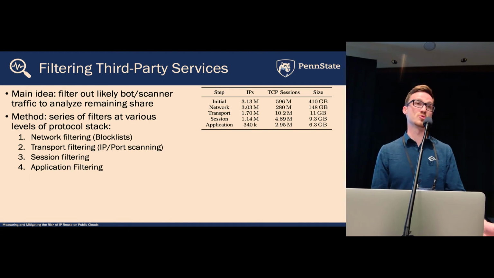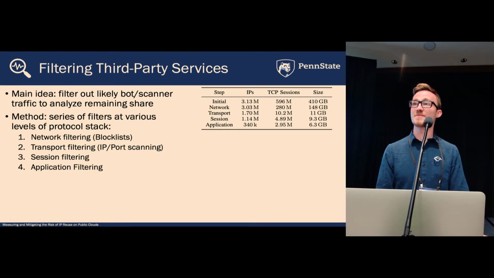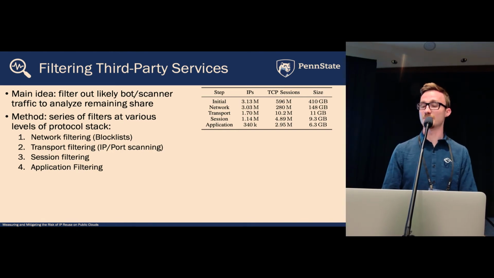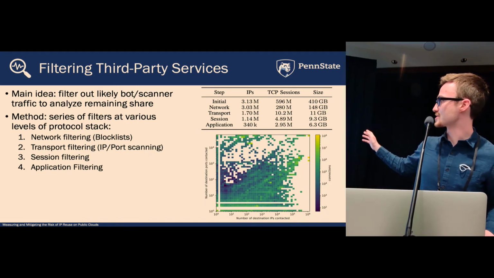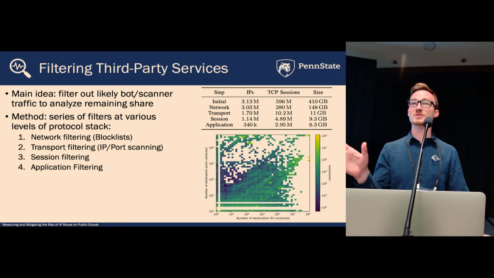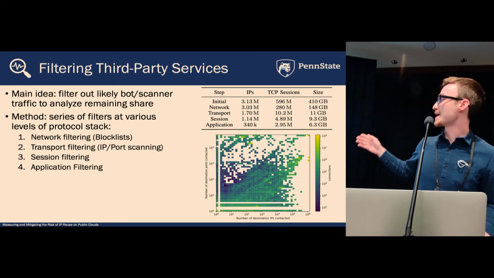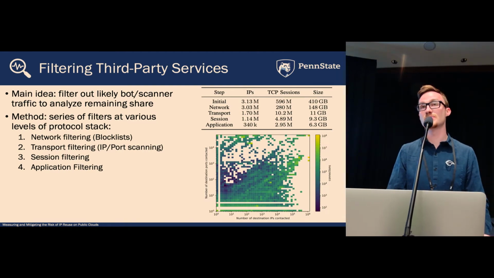This eliminated a majority of the traffic. Next, we performed transport filtering, taking advantage of the unique characteristics of our cloud measurement. Because we receive and measure data on so many IP addresses, it is an inevitability or a near inevitability that scanners in scanning providers will access multiple IP addresses in our telescope over the course of the study, or multiple ports.